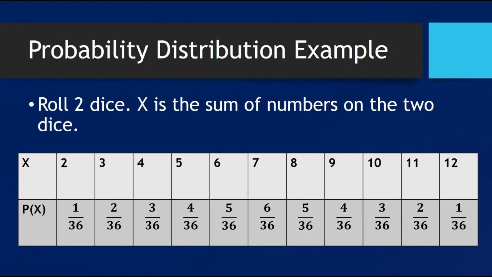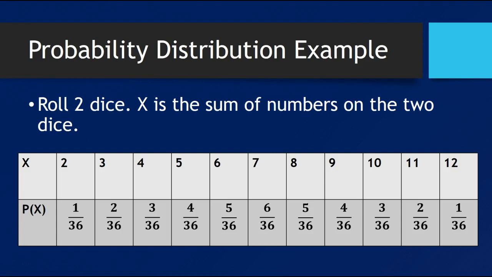So there's one possibility out of 36 that we land on a 2. In terms of landing on a 3, the green die could land on a 1 and the red die could land on a 2. Or the green die could land on a 2 and the red die could land on a 1. And so there are 2 combinations that would add up to 3.